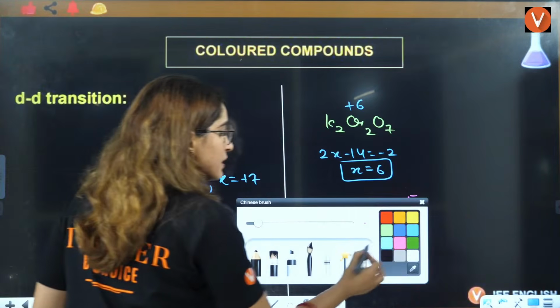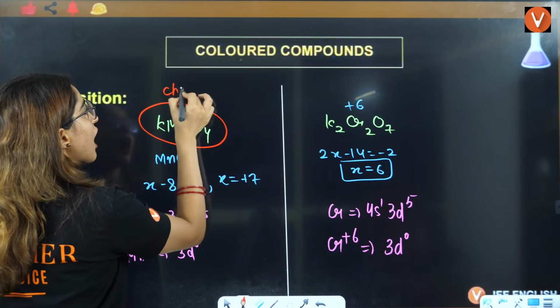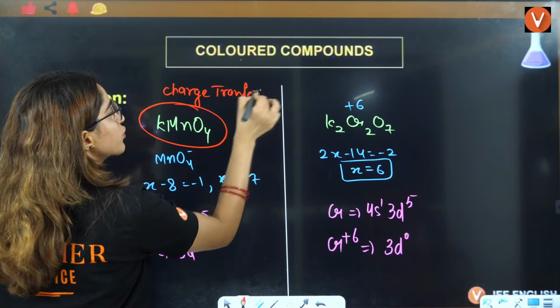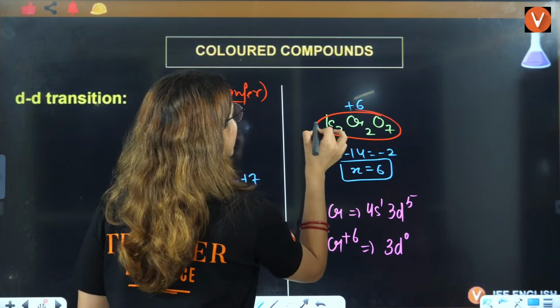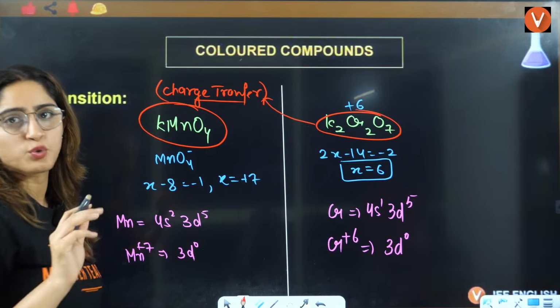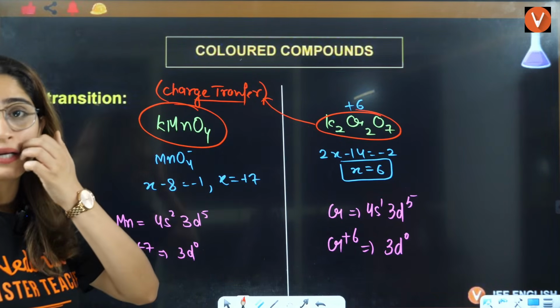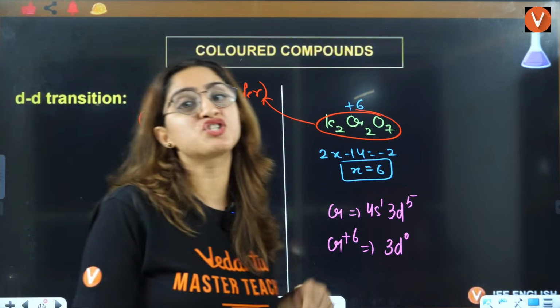So KMnO₄, it is because of the charge transfer. That is not in detail in your syllabus. All you have to know is that KMnO₄ and K₂Cr₂O₇ show colors due to charge transfer. It has a very beautiful purple color, right? The reason being the charge transfer.